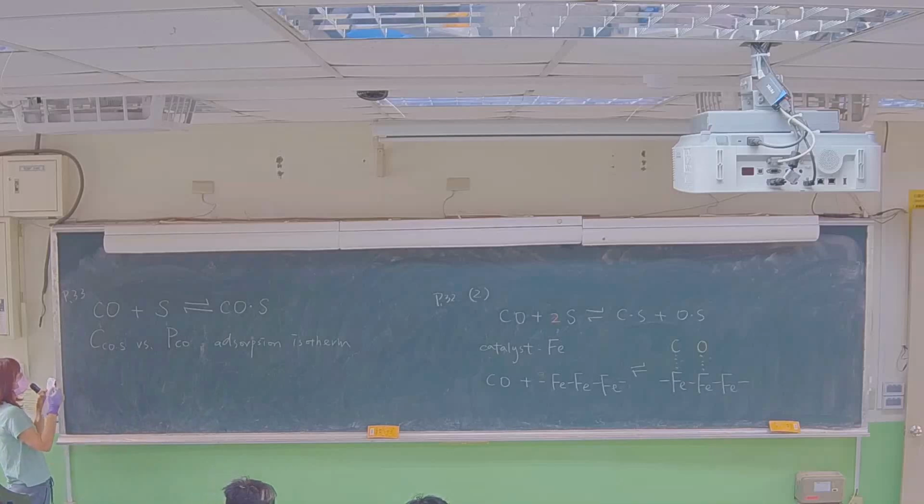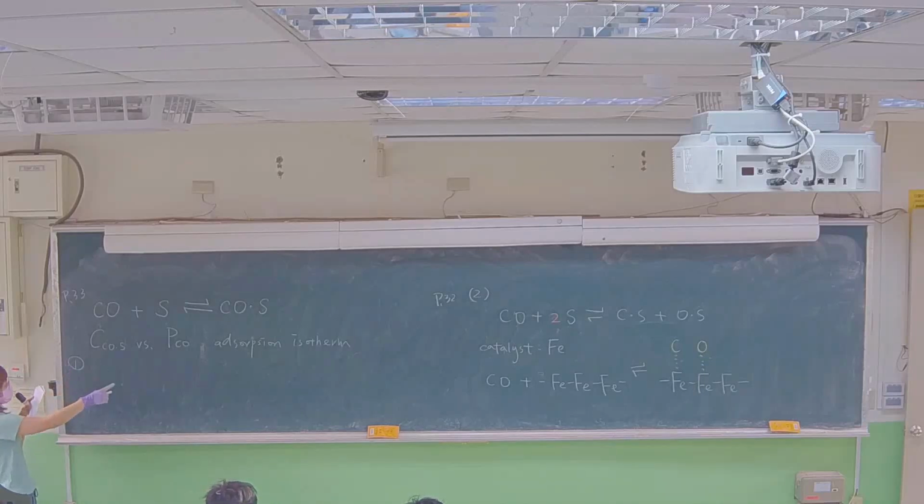So there are 3 points we have to understand for this case. The purpose is to draw the isotherm.